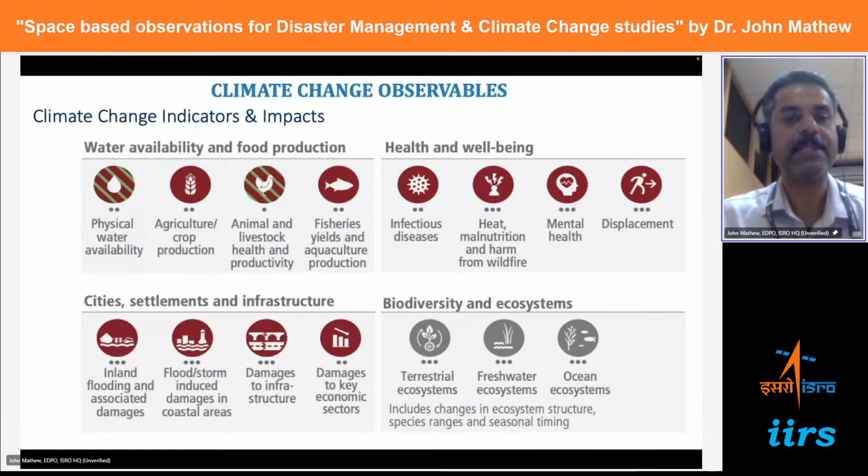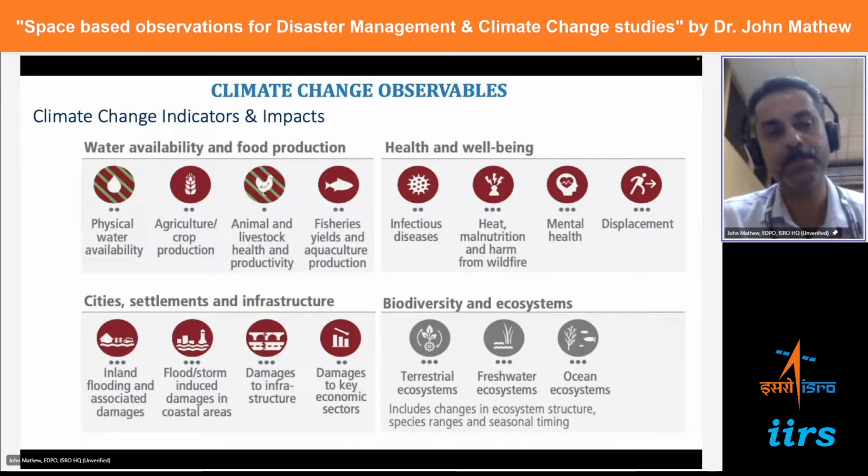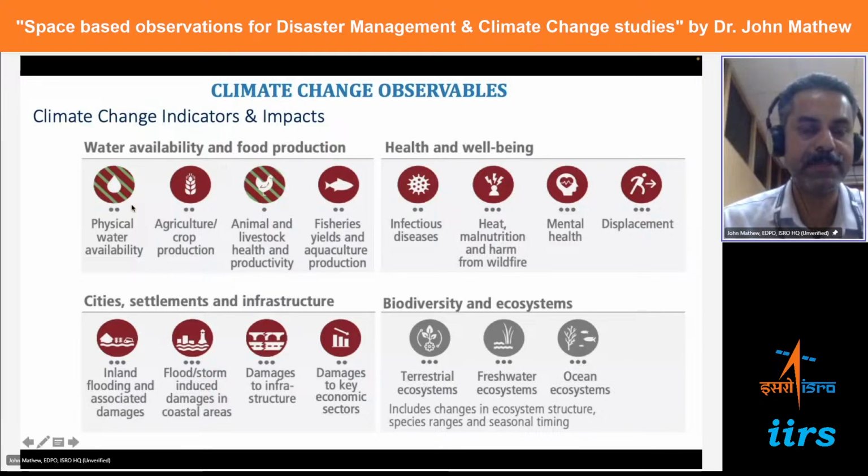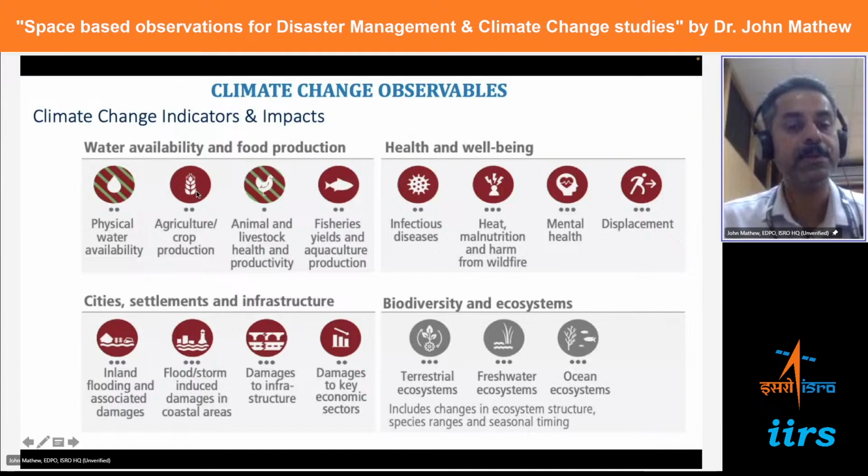Now, what are the impacts? You can see that significant adverse climate change is going to affect water availability and food production. Physical water availability could change in both ways: it could be drought, or it could be extreme, and there could be melting of glaciers. If you see the legend, there is a green hatching and red color. Red means negative impact and green hatching means positive. So agriculture crop production is going to be negatively affected.